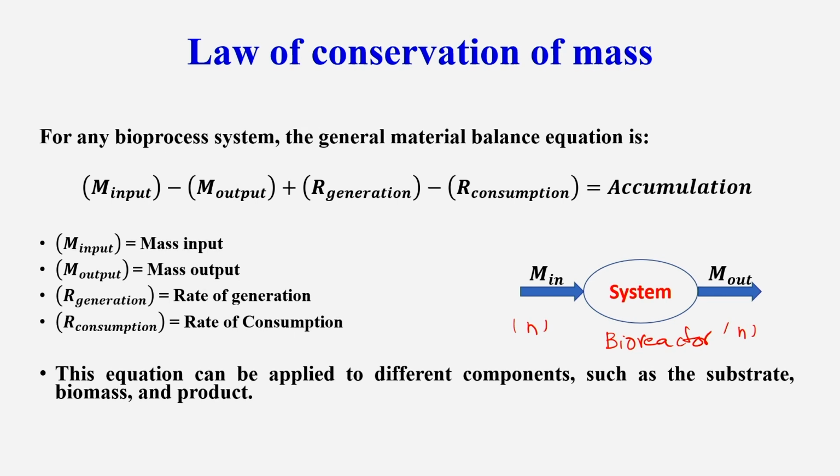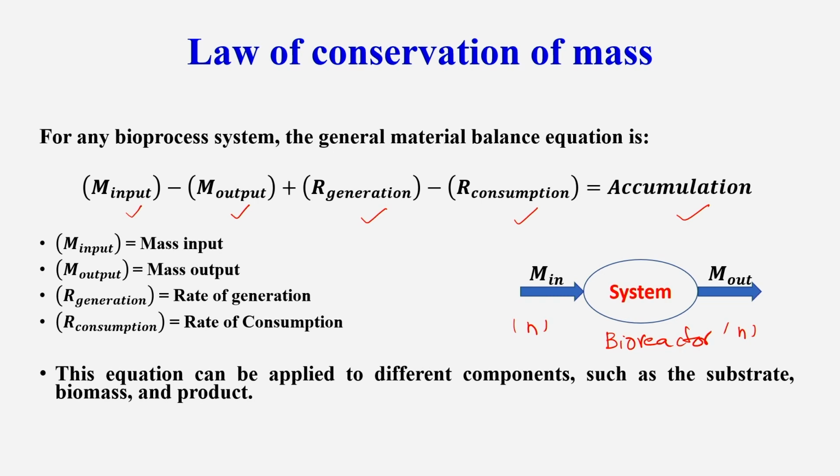When we apply this law of conservation of mass, it says total mass in minus total mass out plus generation minus consumption should equal the accumulation. So, this is the general equation of mass balance, or you can say the general material balance equation.